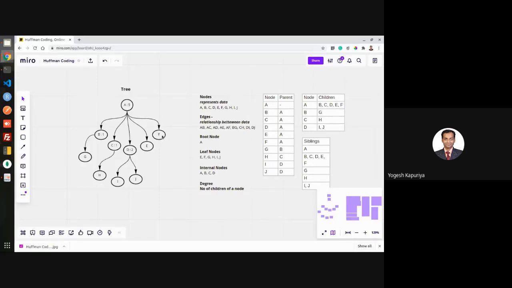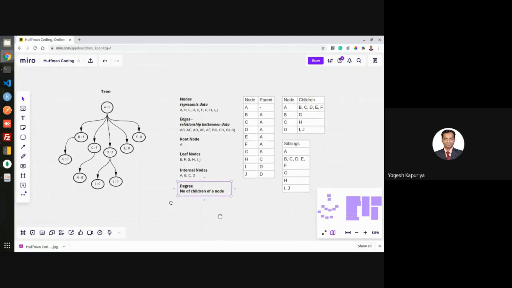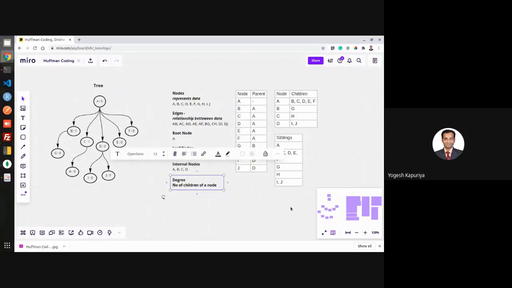However, all the leaf nodes, because there are no children, will always have degree 0. Degree means number of children of a node. That's a simple thing to understand.